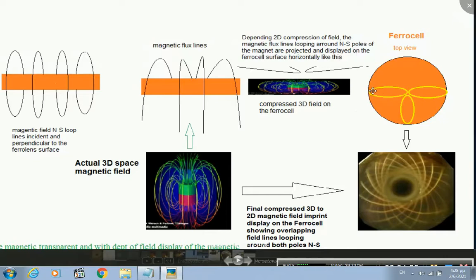Now we see this pattern here. Also remember, keep in mind that magnetic flux lines are everywhere. If we see just 10 magnetic lines on a Ferrocell, or 53 magnetic lines of force in an iron filling experiment, this does not mean that in between there are no magnetic lines of force and magnetic loops.